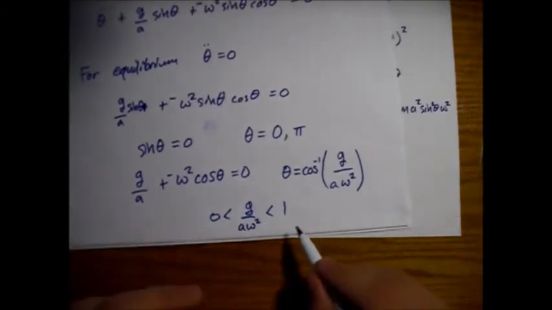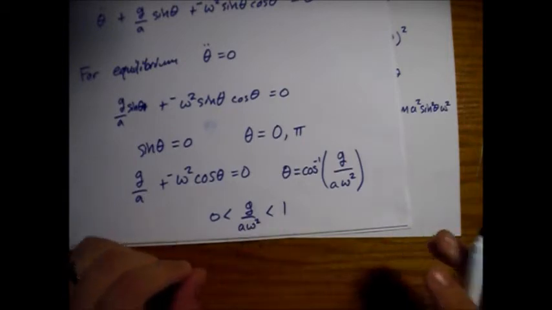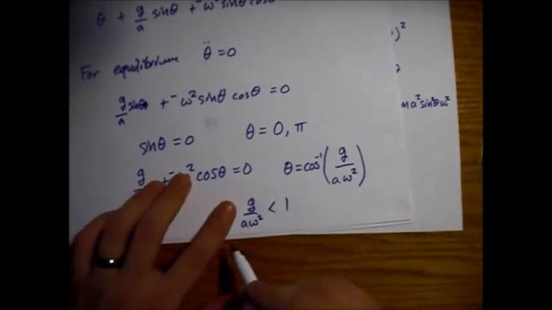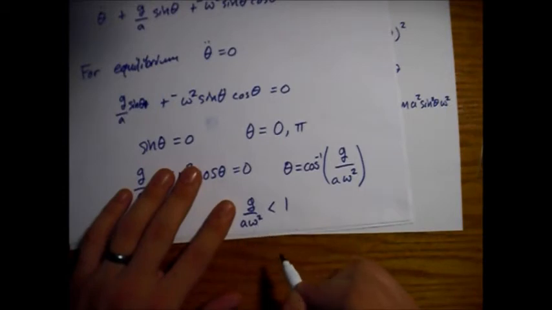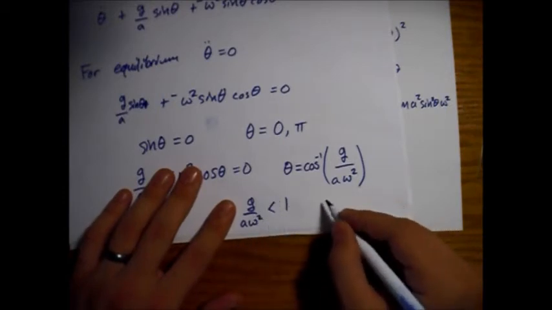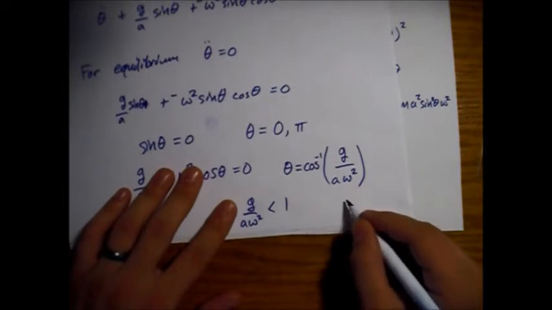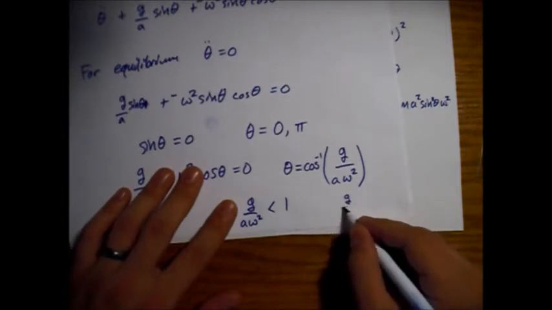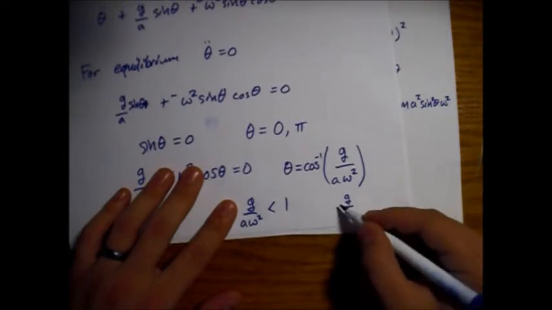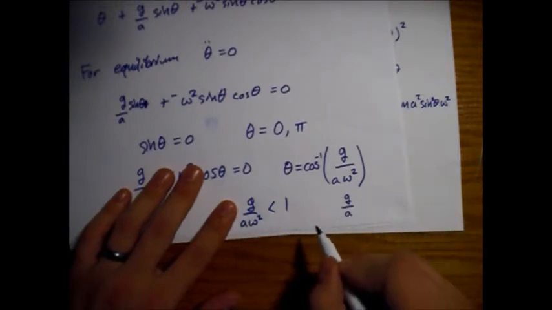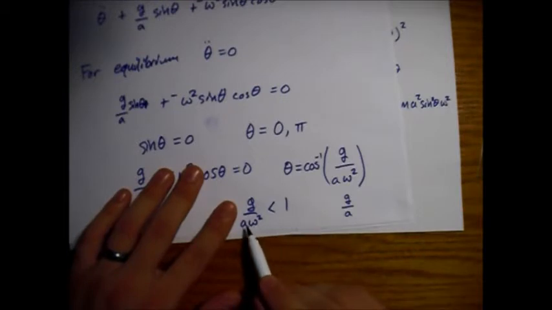All right, so maybe we can write this in a different way. We won't worry about this 0 condition. So in order for this to be less than 1, we have a g over a. It has to be smaller. Wait, let me just double check this.